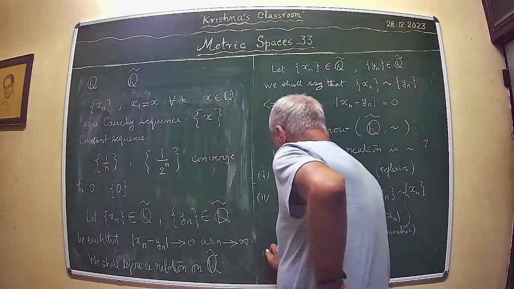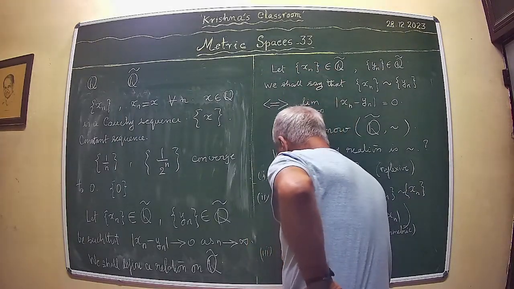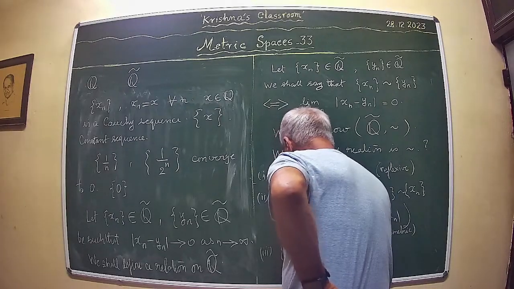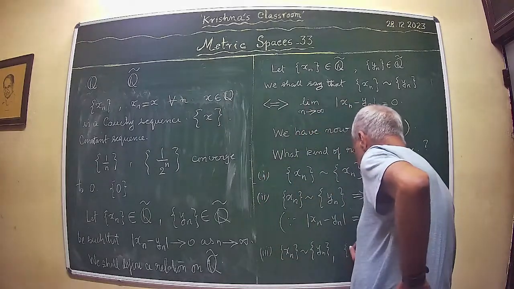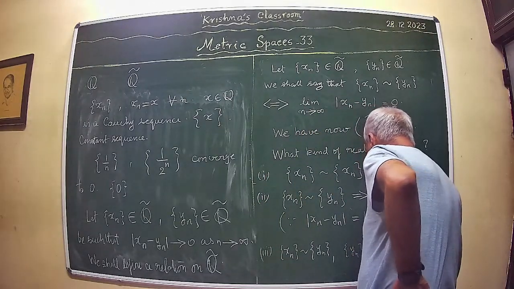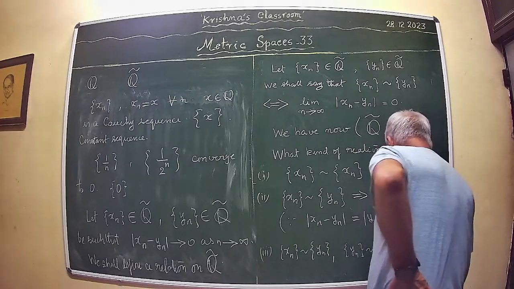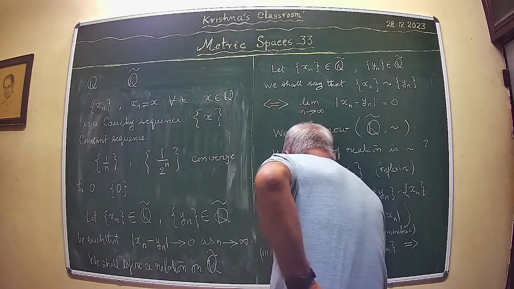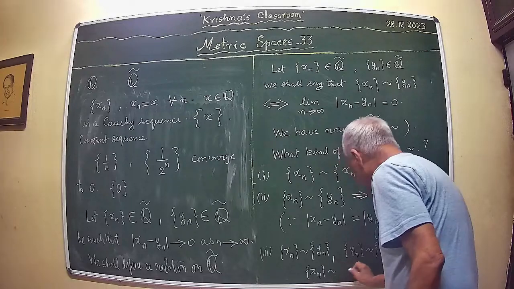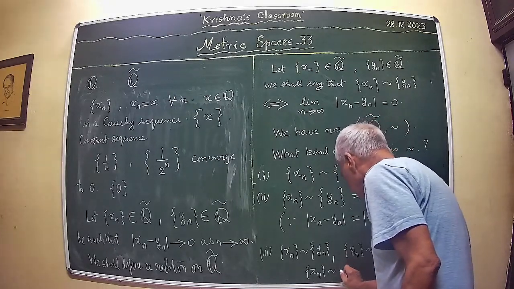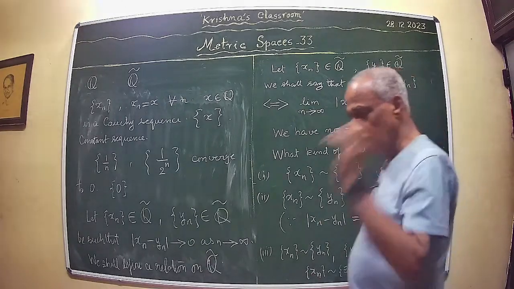Now the third property is we examine whether it is transitive. So x_n related to y_n and y_n related to z_n implies x_n related to z_n.